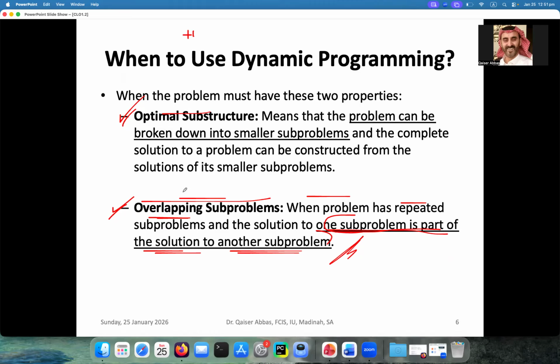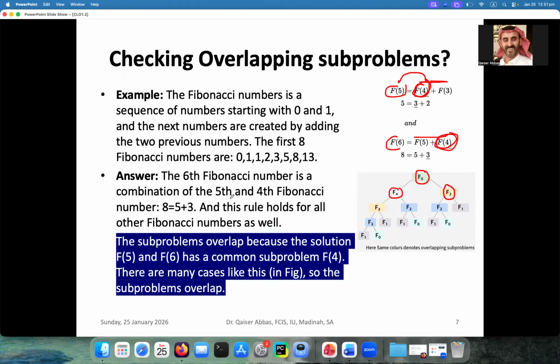And then overlapping subproblems, which means repeated subproblems, where one becomes part of the solution to the other. Keep that definition in your mind, but in short, repeated subproblems. So these are the two things. If you have these two things in your problem, you can use the dynamic programming approach.